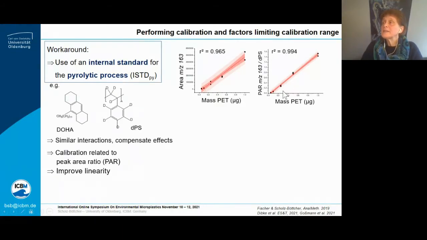And what you directly see is that usually the linearity of the polymer calibration improves a lot.